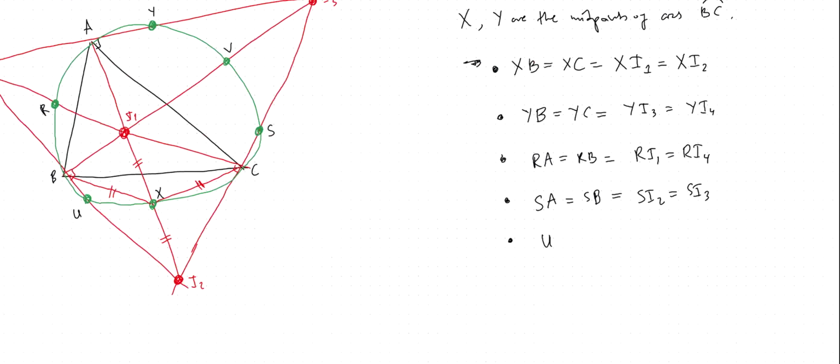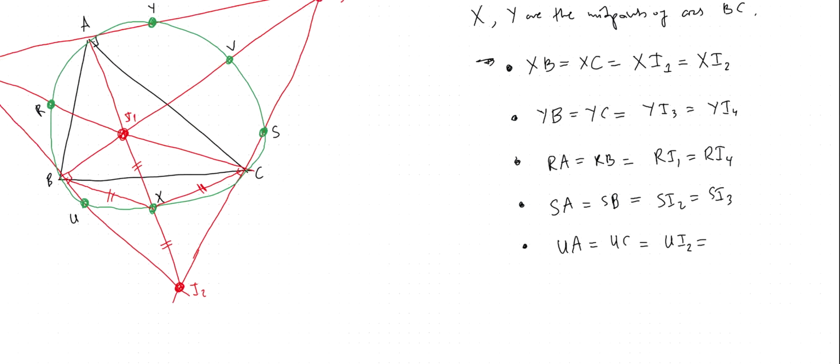Yeah, exactly. UA and UC equal UI2 and UI4. And finally, for V, VA equals VC, which is equal to the remaining things from here, I can read VI1 and VI3.